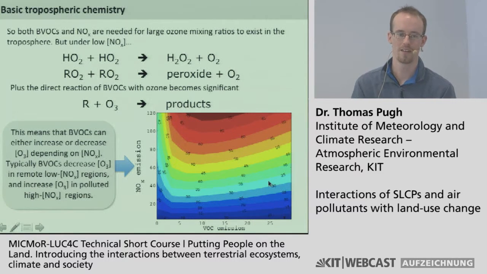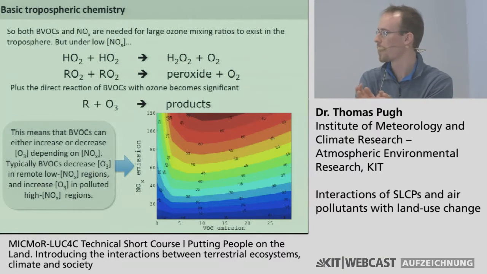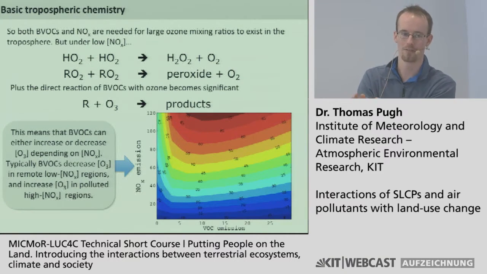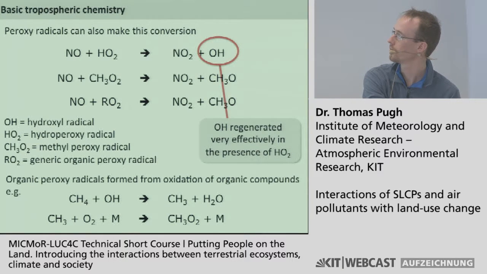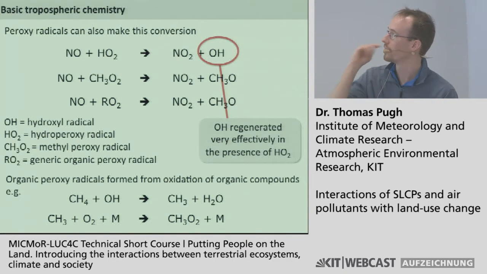So the effect of the BVOCs on the ozone is really quite dependent on the background chemistry of the atmosphere. And we typically say that an increase in BVOC emissions will decrease ozone in remote low NOx regions and increase it in polluted high NOx regions, such as the mid-latitudes.